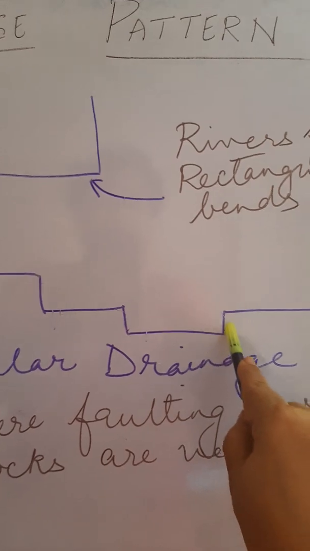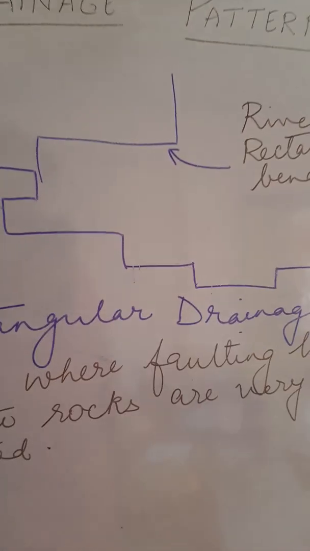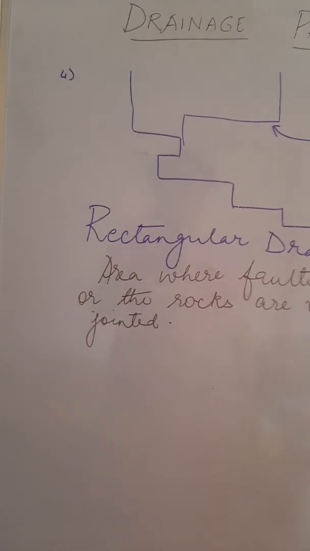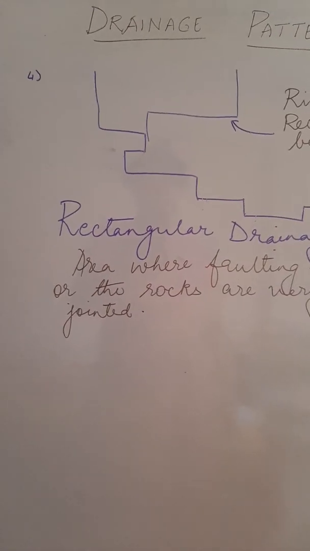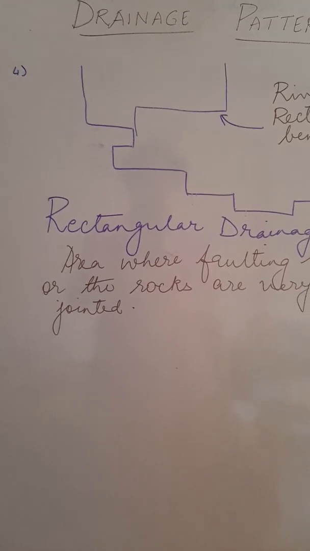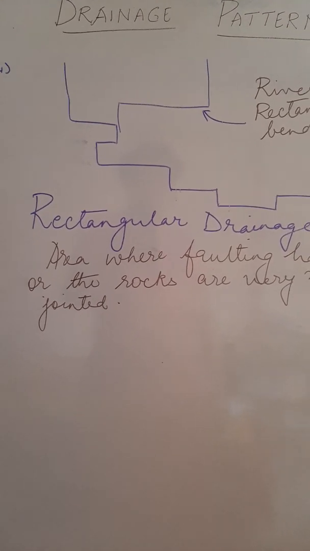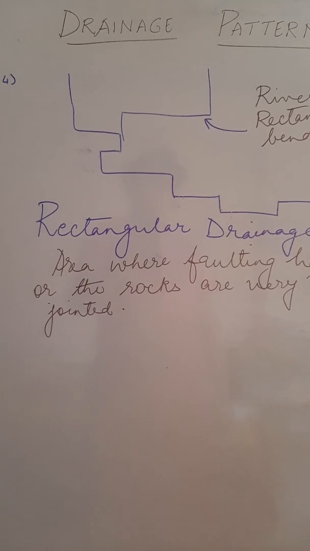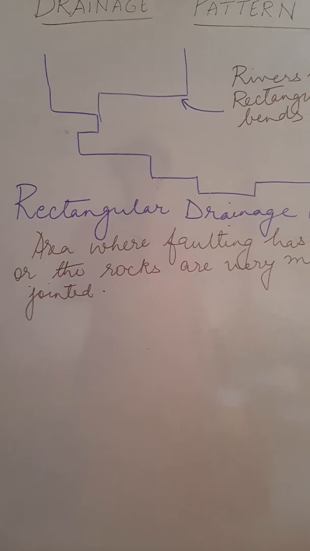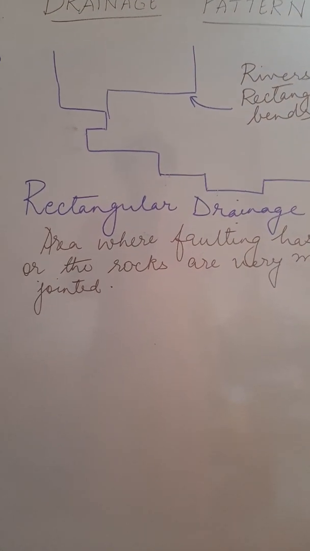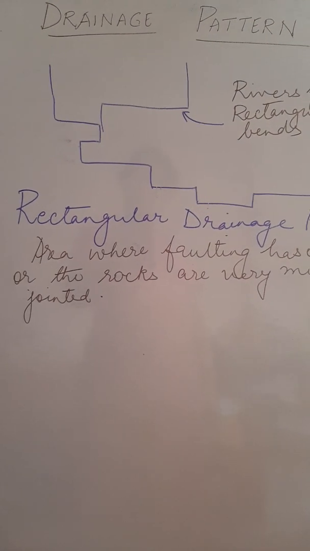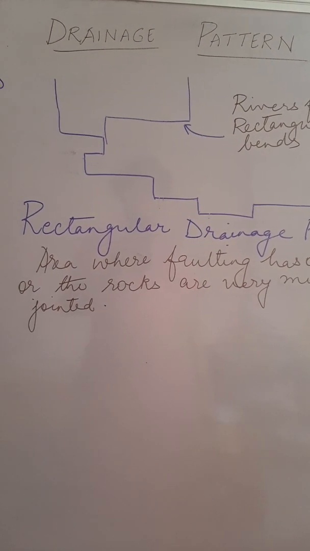When the river flows in rectangular bends, it makes the pattern known as the rectangular drainage pattern, and it is seen that such a pattern occurs in areas where the land surface has experienced faulting in the past. So here the rivers flow in rectangular bends and the rocks are very much jointed.